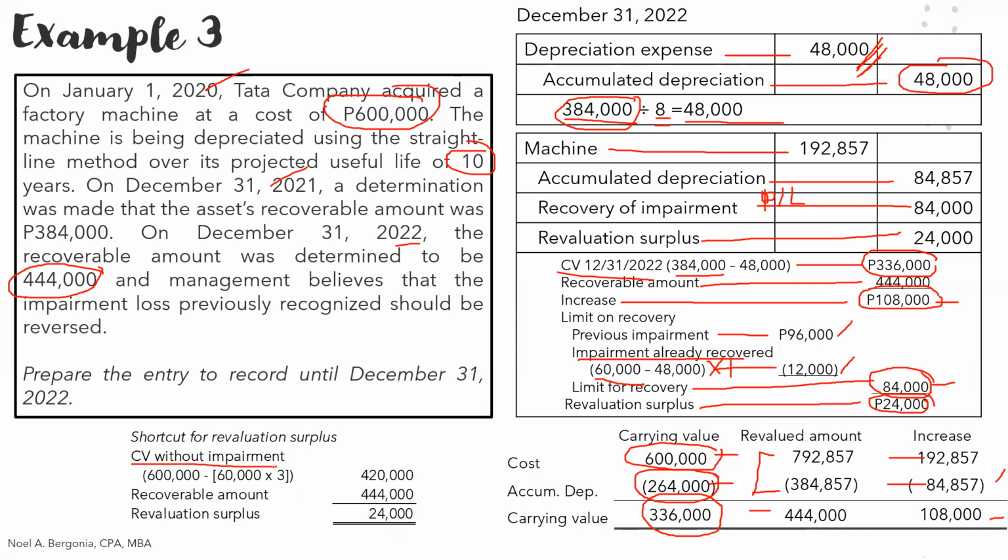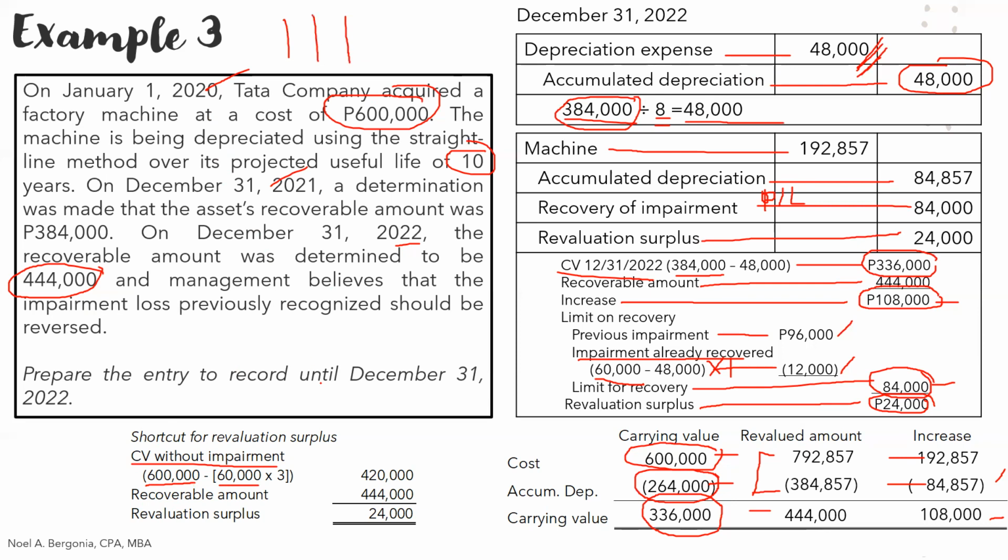So just in case na hindi po nagkaroon ng impairment in between, okay, at saka revaluation, so we have the 600,000 na original costs minus the depreciation per year na 60,000. Sir, bakit ganun? Without impairment nga, di ba? So, hindi siya magiging 48,000. 60,000 pa rin. And then 3 years. Bakit po 3 years? Kasi di ba 2020, 2021, tapos ngayon 2022.